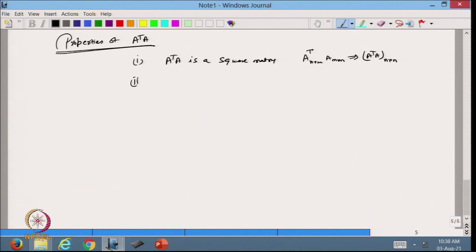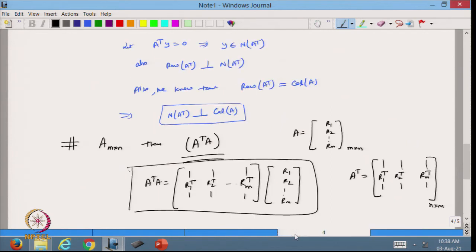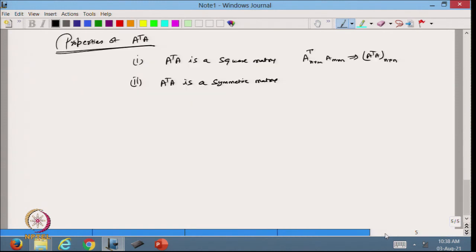Second thing is that A transpose A is a symmetric matrix. Here we are taking all real valued spaces, so that is why we are dealing with the transpose only. It is symmetric because the transpose of A transpose A is A transpose, A transpose transpose, so this is A transpose A.